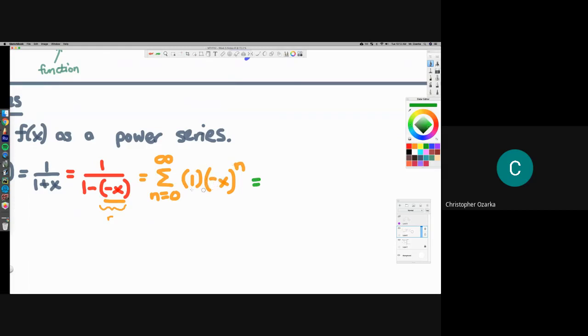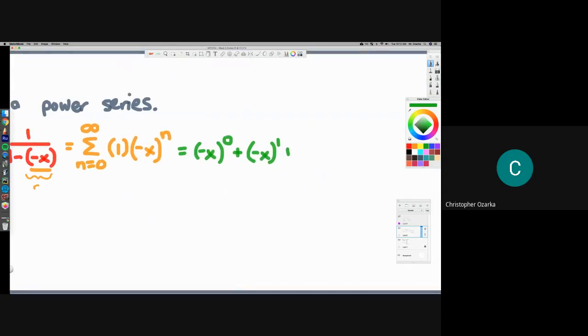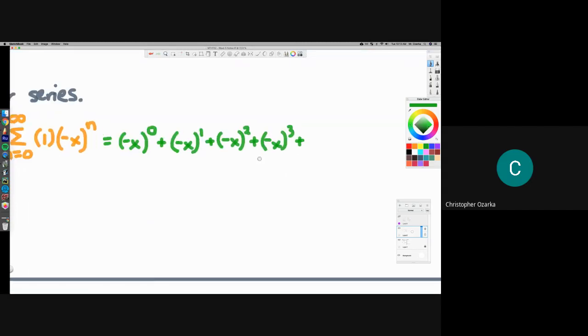All right, this, if you had to write this out, if you had to expand this, it would be negative x to the 0, because n is 0 first, plus negative x to the 1, plus negative x squared, plus negative x to the third. Now I have 4 things here, and I usually stop there because you can see the pattern by then. So I'm just going to write plus dot dot dot.